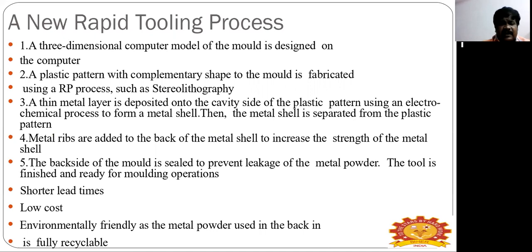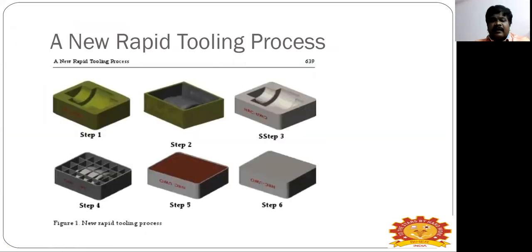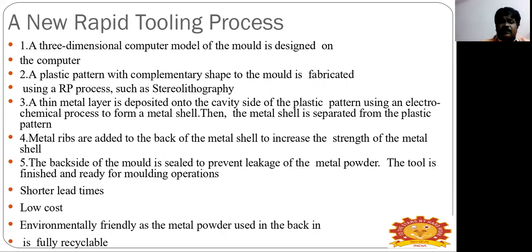The metal shell will then be separated from the plastic pattern. Metal ribs are added to the back of the metal shell for increasing its strength. The backside of the mold will be sealed to prevent the leakage of the metal powder.